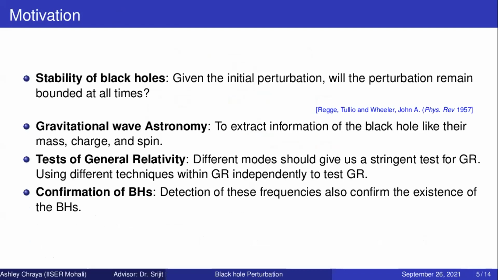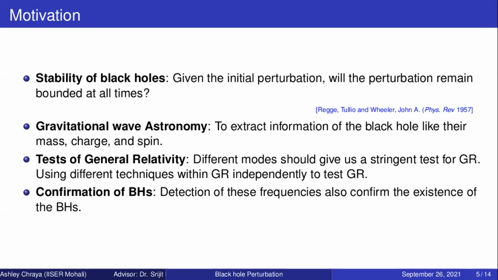And if the car is at the bottom of a stable peak, will it be stable or not? Just the classical mechanics question. This is the same question we are asking here. The question which we will be asking in black holes, in this specific case, is that given the initial perturbation, will the perturbations remain bounded at all times or not?